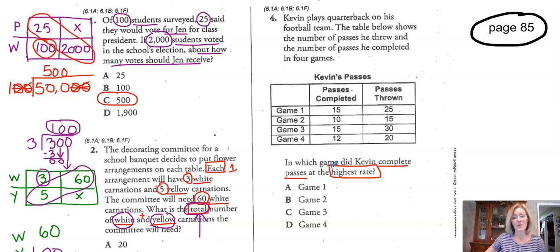Now, in order to do this, we have to find the rate for each one of these things. Now, to find a rate, watch what I'm going to do, okay? For number 1, I'll show you. I take passes completed divided by passes thrown. So we take the number he completed, but he threw 25 of them.